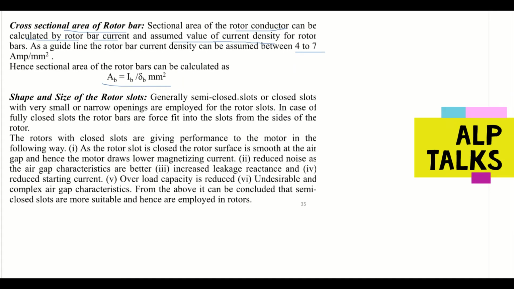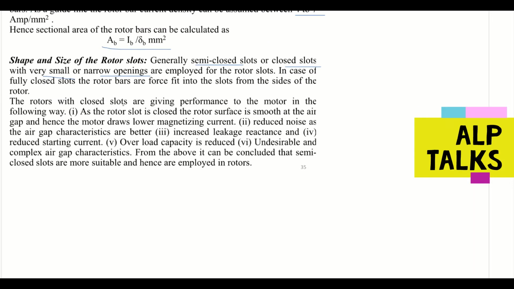Shape and size of rotor slots. Generally, semi-closed or closed slots with very small or narrow openings are employed for rotor slots. In the case of fully closed slots, the rotor bars are force fit into the slots from the sides of the rotor. Rotors with closed slots affect the performance of the motor in the following way. As the rotor slot is closed, the rotor surface is smooth at the air gap, hence the motor draws lower magnetizing current, and there is reduced noise as the air gap characteristics are better.